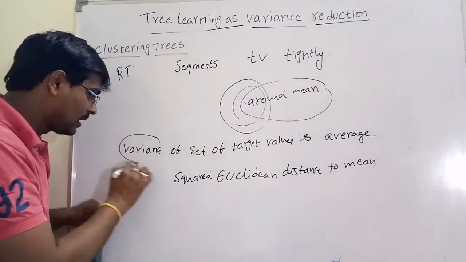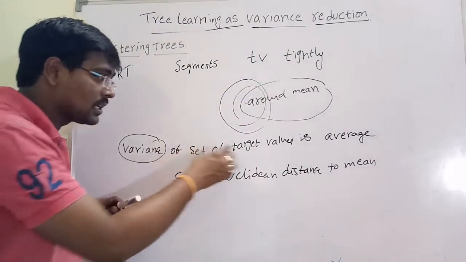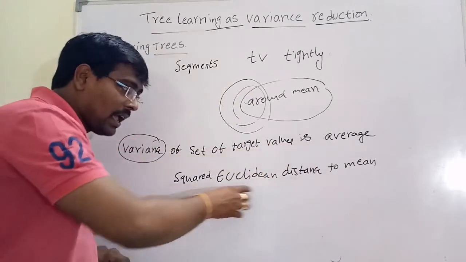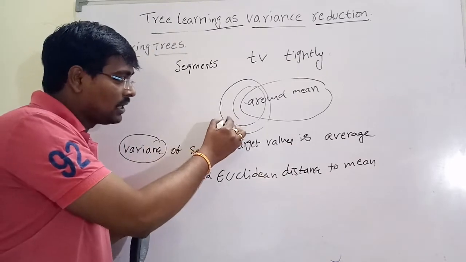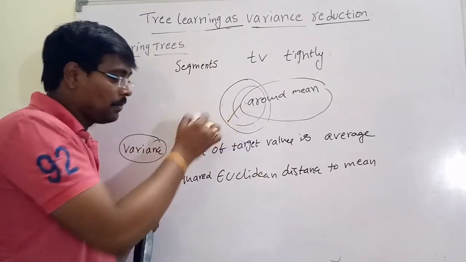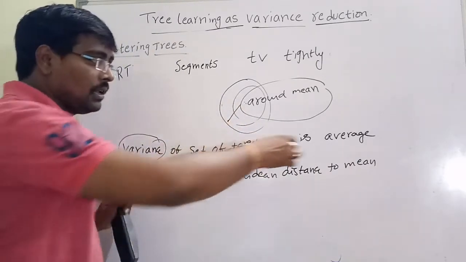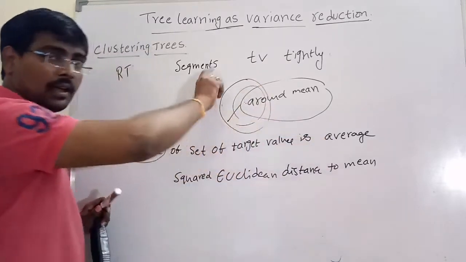That means, how do we calculate the variance? The variance is calculated by using the average squared Euclidean distance to the mean. Suppose this is one item. We calculate the Euclidean distance to the mean, perform the square operation, and finally take the average over all the items.